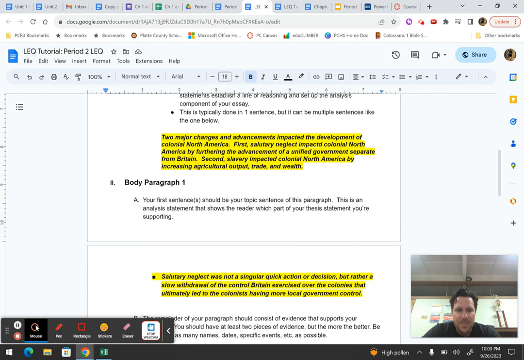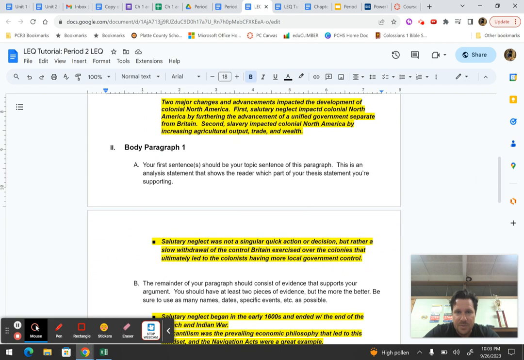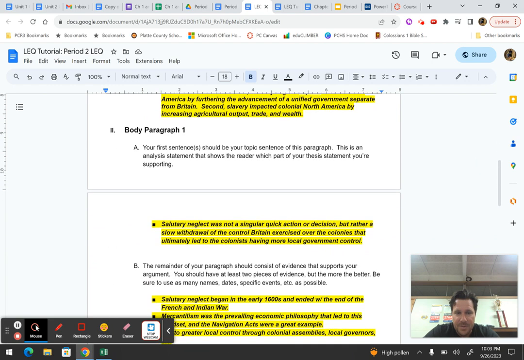Your body paragraphs are where you basically duplicate your lines of reasoning from your thesis statement. So notice that my statement about salutary neglect is similar to the statement that is part of my thesis.